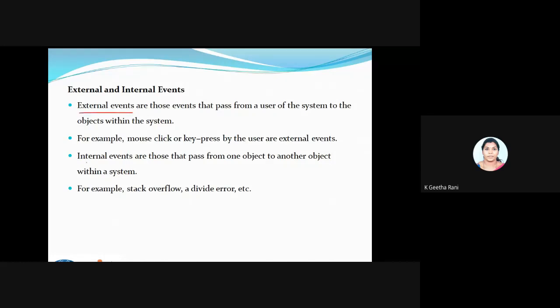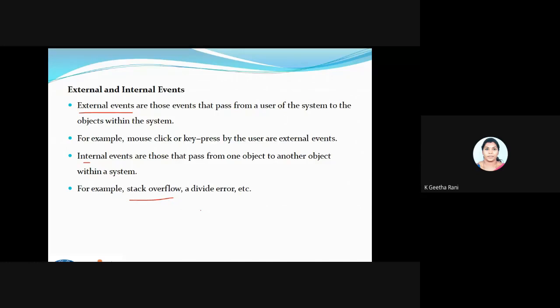So what about the internal event? Assume the same system performs some internal events. Good examples are a stack overflow inside your memory, or a divide error inside the memory. These are events which happen inside my system, within a system, and that is called an internal event. Hope it is clear.